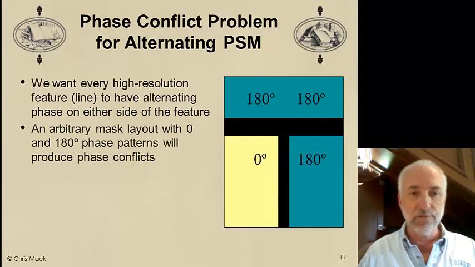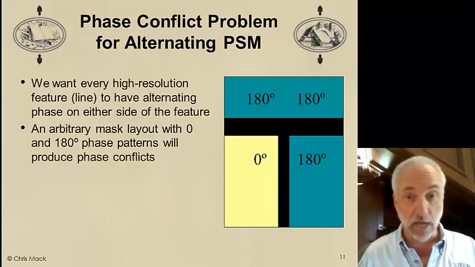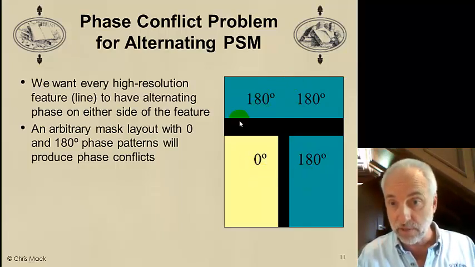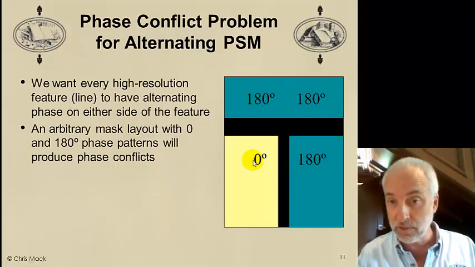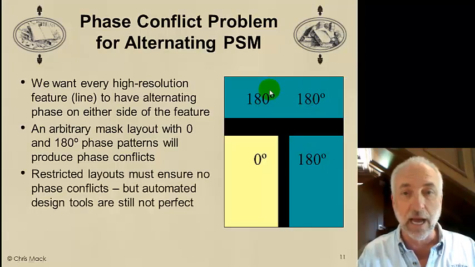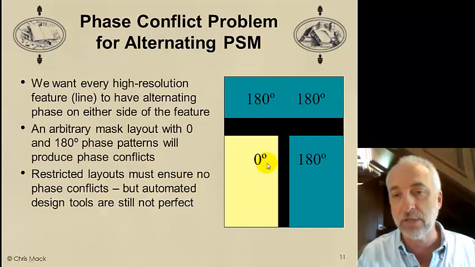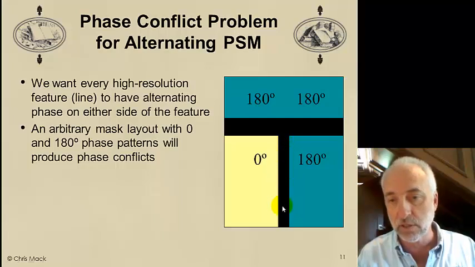The problem is, if I have an arbitrary mask layout, I will run into phase conflicts. That is, if I have an odd number of lines, here I show 1, 2, and 3 lines, I start coloring this mask with the 0, 180. I find that I cannot make all of these lines have the proper phase shift. So here on this line, I have 0 and 180 on either side, so I get darkness, a good dark feature here.